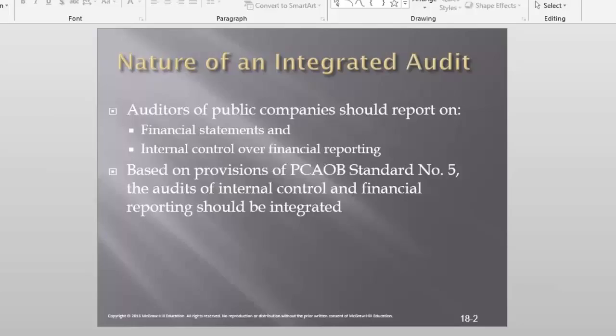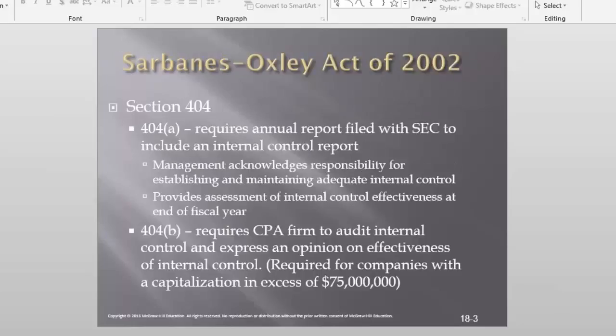Okay, so we're expressing an opinion on the controls over financial reporting. This is a requirement of Sarbanes-Oxley. 404A requires the annual report filed with the SEC to include management's acknowledgement for the establishment and maintaining of adequate internal controls. It provides the assessment of internal control effectiveness as of the end of the fiscal year.